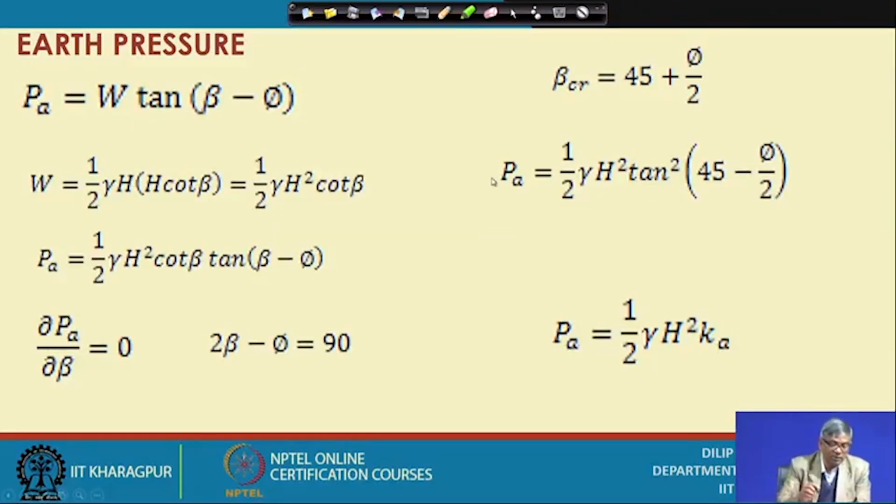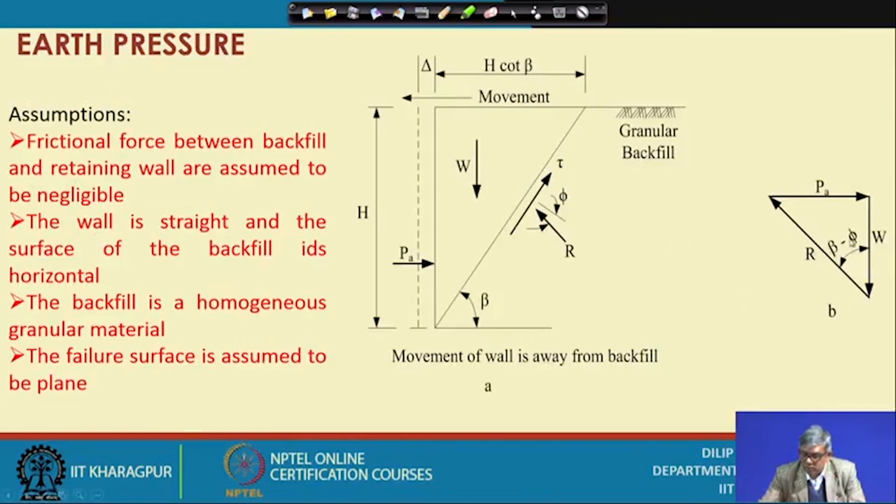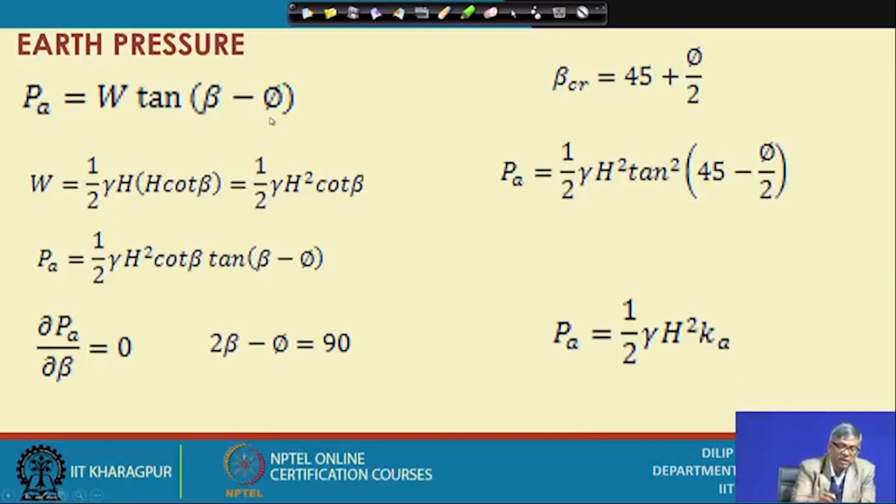From the polygon, the earth pressure P_A we can find out in terms of W, beta, phi. You can see P_A equals W tan(beta minus phi), and W we can calculate from geometry.